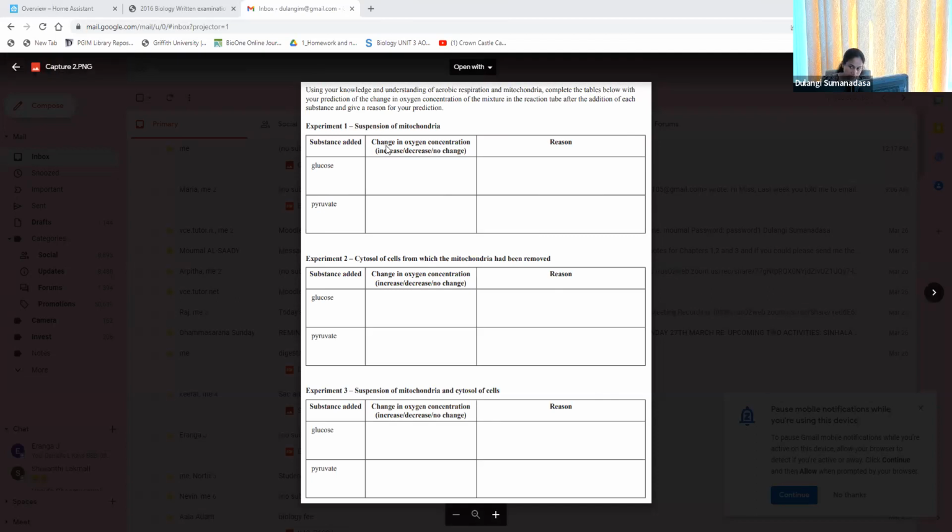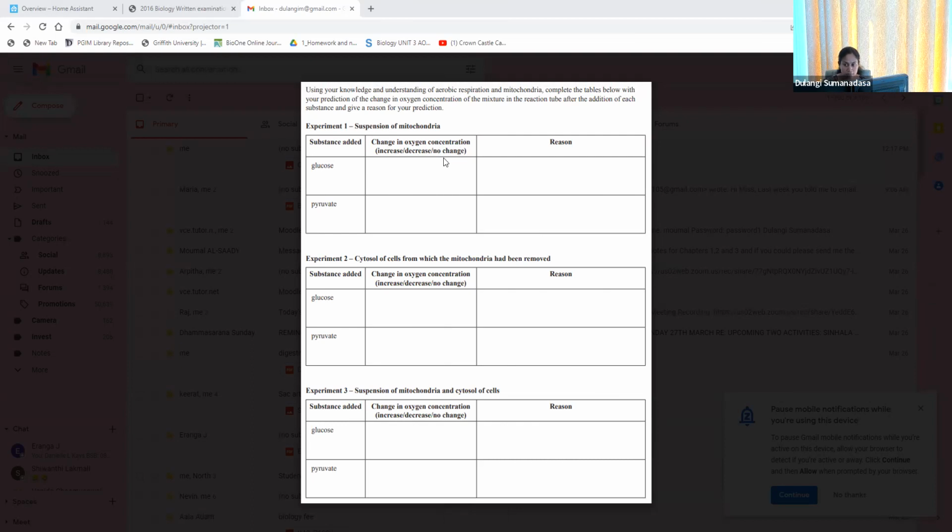So the first one, it's asking about changing oxygen concentration, whether it's increasing, decreasing, or no change. Now think about this: this is not photosynthesis, right? So you're only going to use up oxygen, you're not going to produce any oxygen. So you have two options left. Either it will decrease, or if it is not using oxygen, it will have no change.